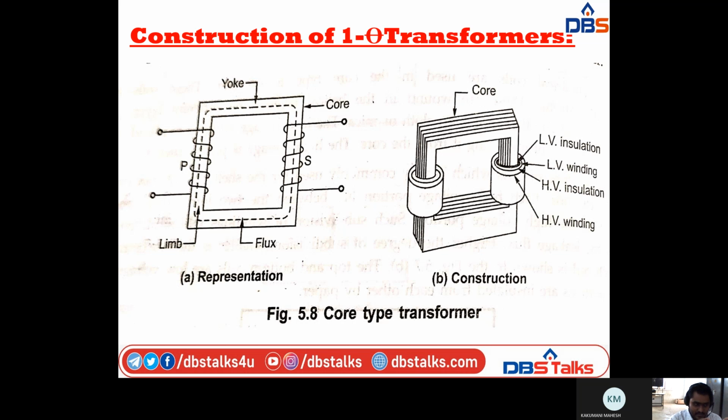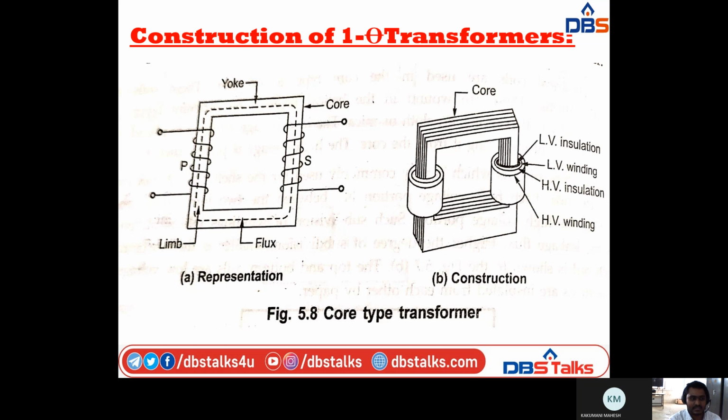In the windings and the core, we have some dotted lines, which we call flux or magnetic flux lines. This flux travels through the two windings. One winding is on one limb and the other winding is on the other limb.